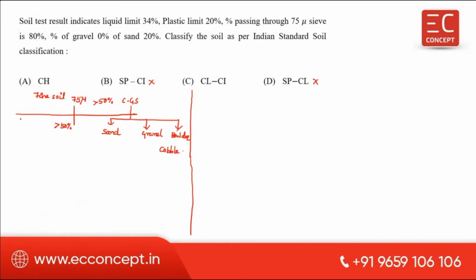Okay. And the next step, after finishing this, you have to classify the fine grain soil. You have to use the plasticity chart. The plasticity chart will be used when the percentage of fineness, that is, passing the 75 micron sieve, is greater than 12 percentage.